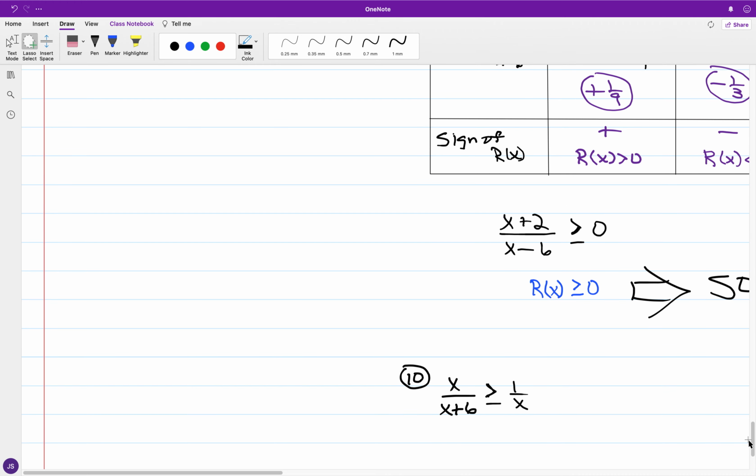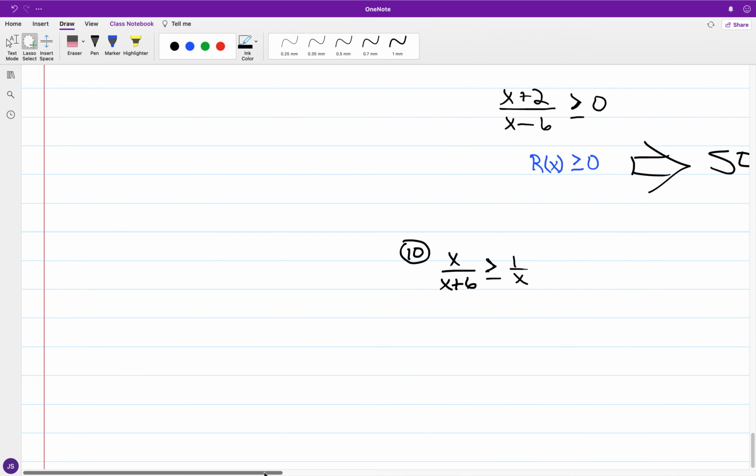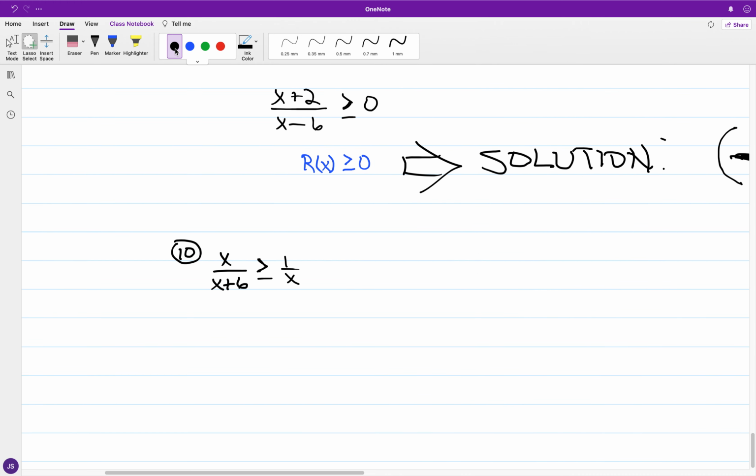Okay, and I can convert this to a comparison to 0 inequality. So I can just move the 1 over x over. And so we have x over x plus 6 minus 1 over x is greater than or equal to 0.